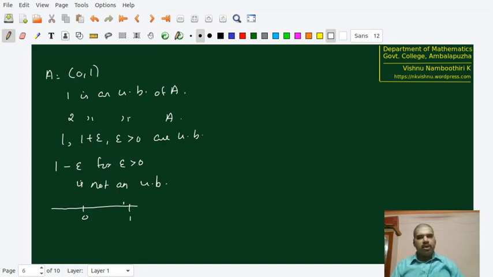Therefore, one element in A is greater than this 1 minus epsilon, and therefore it cannot be an upper bound. If you have 1 minus epsilon lying between 0 and 1, suppose that 1 minus epsilon is in this interval, then we can take the midpoint of 1 minus epsilon and 1, and that is an element of A, and therefore 1 minus epsilon cannot be an upper bound.